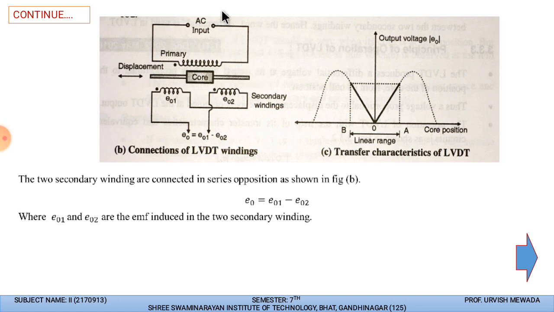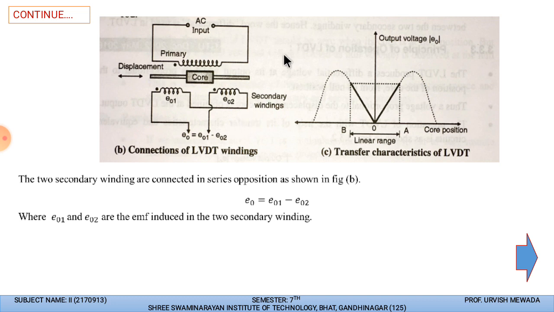This is the primary winding to which we connect the AC supply, and this is the secondary winding. This winding is connected in differential manner. Basically students generally make mistakes connecting the secondary winding. Keep in mind to connect these two windings like this, so both subtract the EMFs of each other.